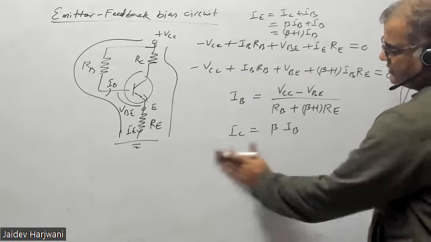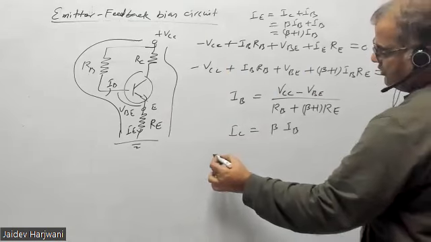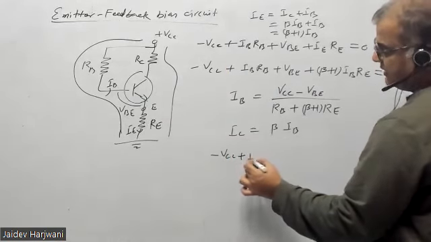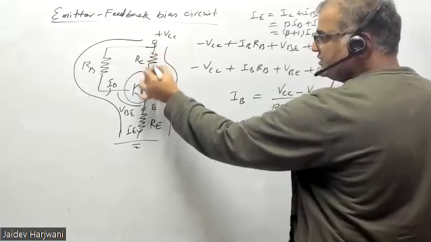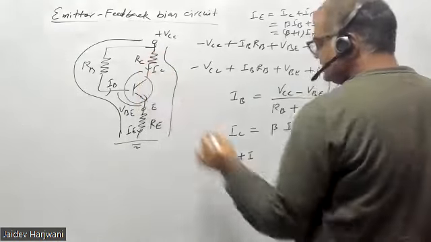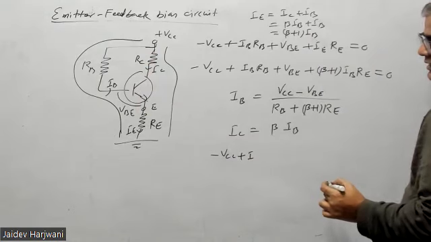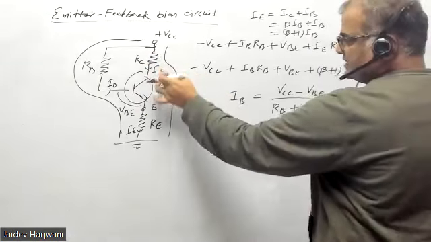Again your VCE. Now this equation for VCE changed. Now you will have minus VCC plus this current is IC. The same resistance current is the same, because this current is coming here. Here the current is not I, it is IC.